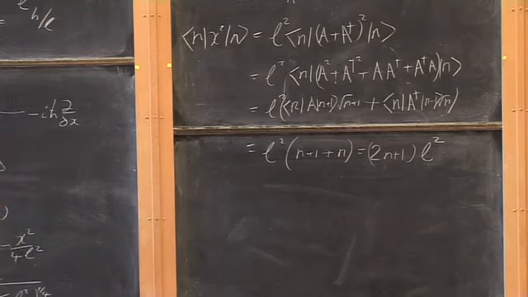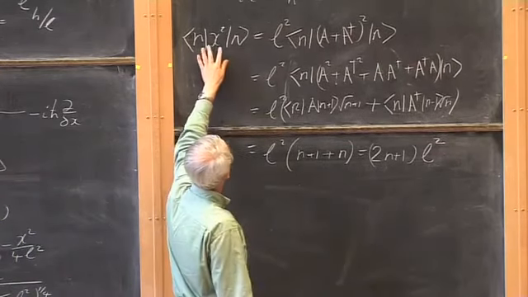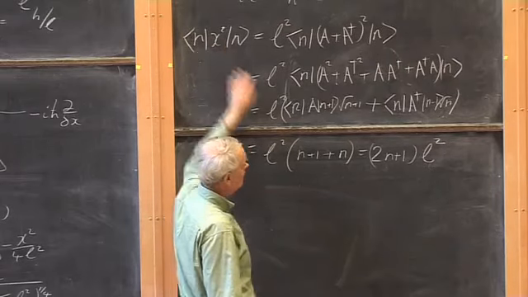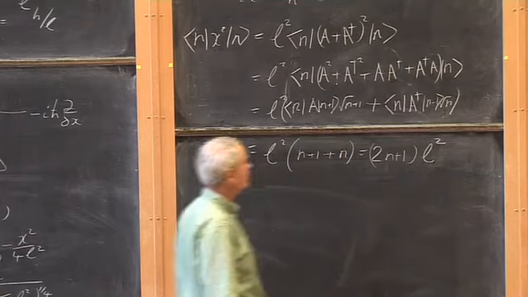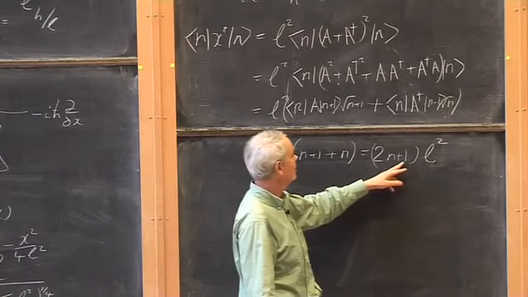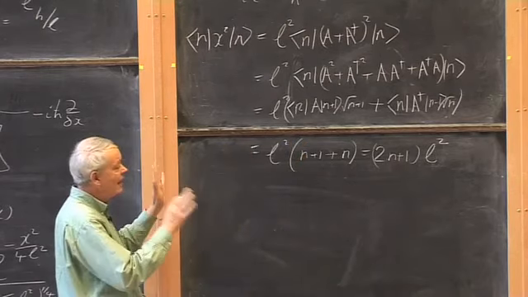So my time is up. We've discovered something interesting, which is the expectation value of x squared is 2n plus 1 times L squared. We already knew, I think, about, well, did we already know about it? No, we didn't, in a certain sense. Yes, we did. We knew it for the ground state, n equals 0.